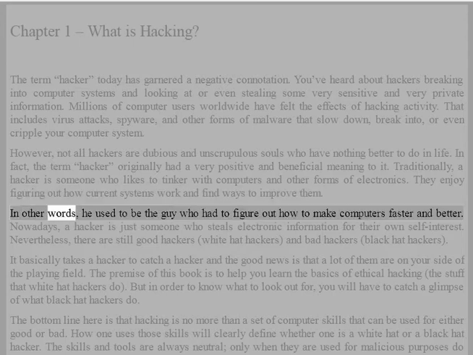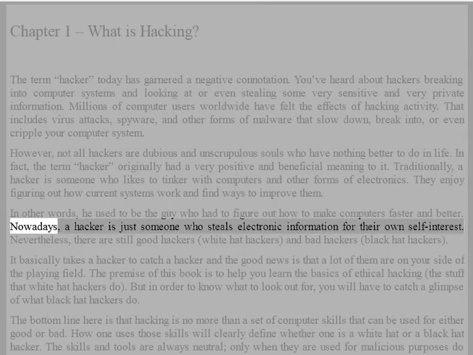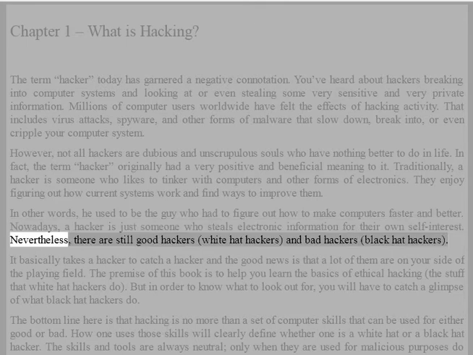In other words, he used to be the guy who had to figure out how to make computers faster and better. Nowadays, a hacker is just someone who steals electronic information for their own self-interest. Nevertheless, there are still good hackers, white hat hackers, and bad hackers, black hat hackers.